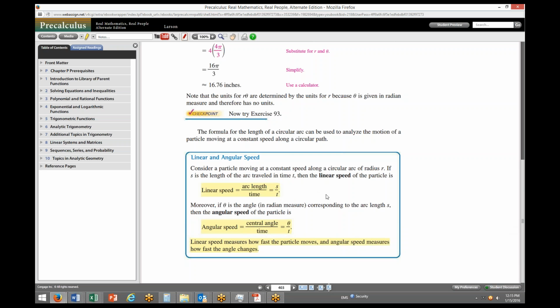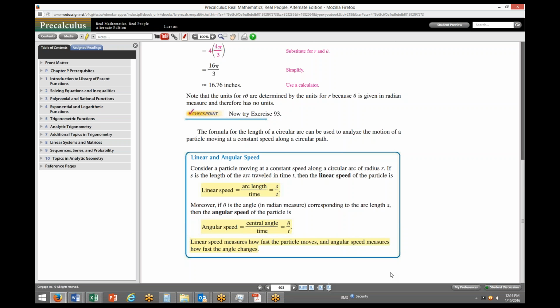Just as if you were in a car, and in 2 hours you drove 100 miles, your linear speed going down the highway would be 100 miles divided by 2 hours. The 100 over 2 would reduce to 50 over 1, so that would be 50 miles per hour.